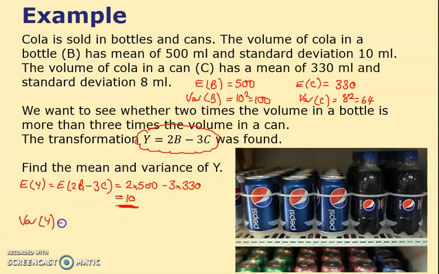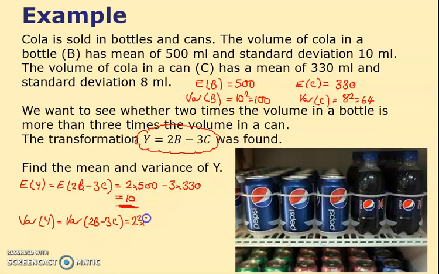Okay, now this is where I think we have to apply some kind of trick. Variance of y, or if you prefer, the variance of, what was it? It was 2b minus 3c. We have to square them, that's what our trick has said. Because again, we're not adding a number as such, we're just timesing our variables. So 2b, just notice I'm going to have to do 2 squared times whatever the variance of b was.